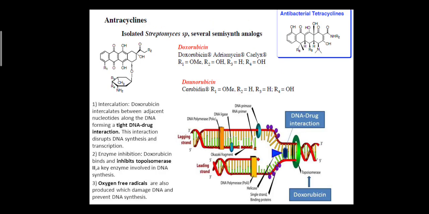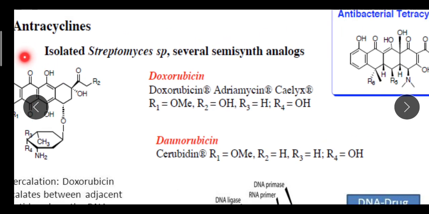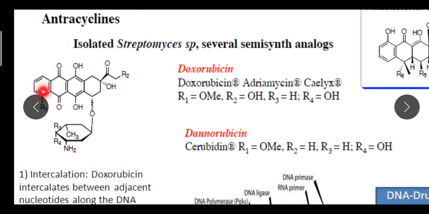Now we'll see the third anti-cancer antibiotic, that is anthracyclines. So this is the structure of anthracycline, in which it consists of an oxidized anthracene nucleus, which is fused to a cyclohexane ring.